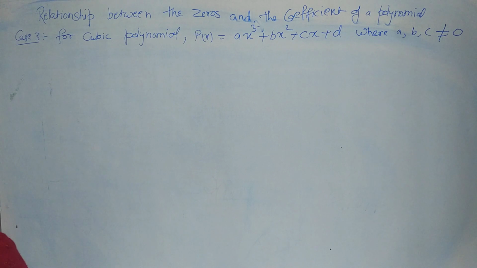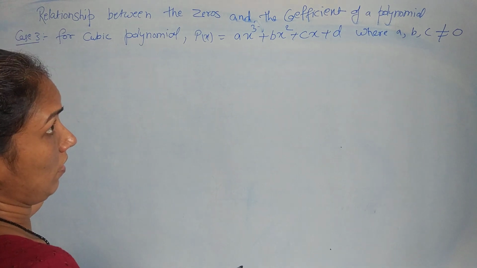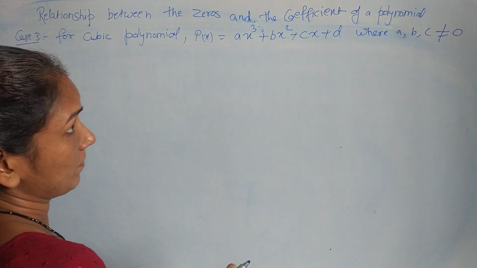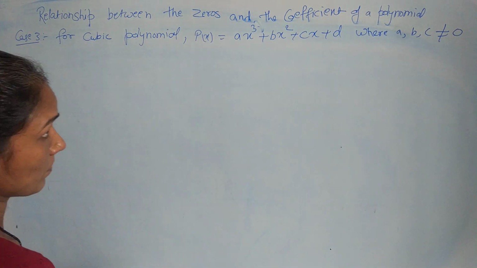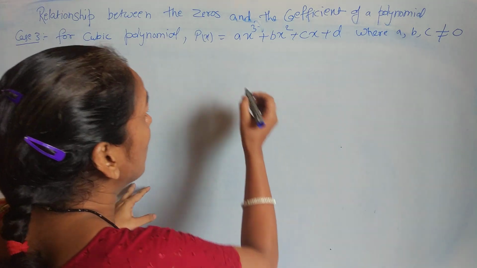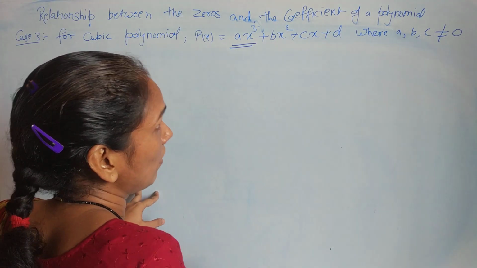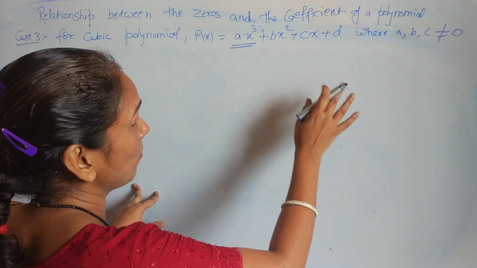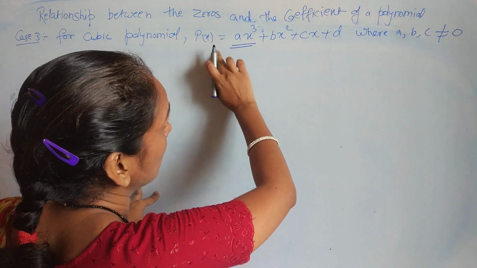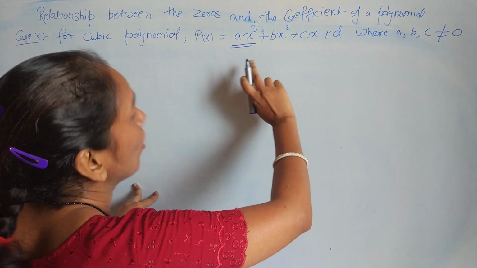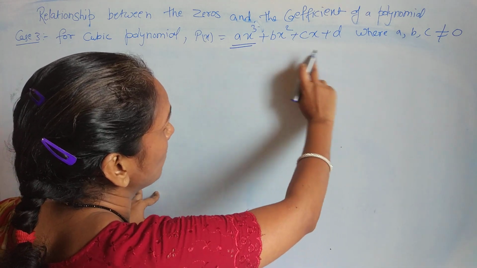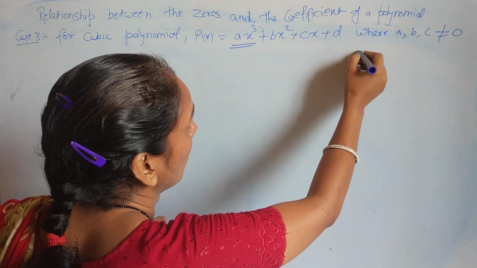Where a, b, c are not equal to 0, or rather the necessary condition is a is not equal to 0. We are assuming for the time being that this is a full cubic polynomial where all the terms are present.